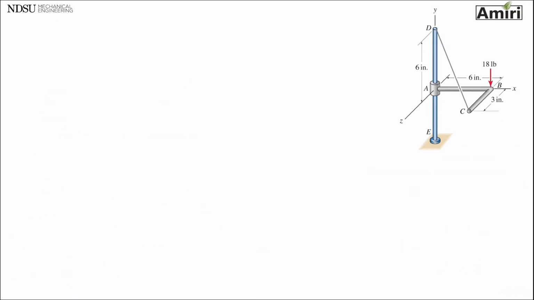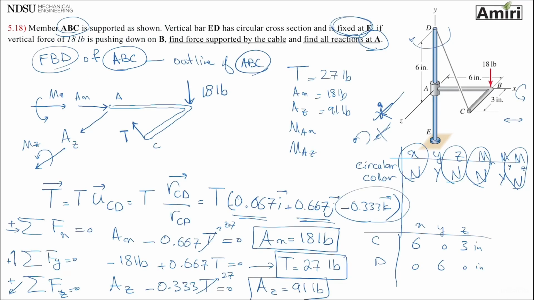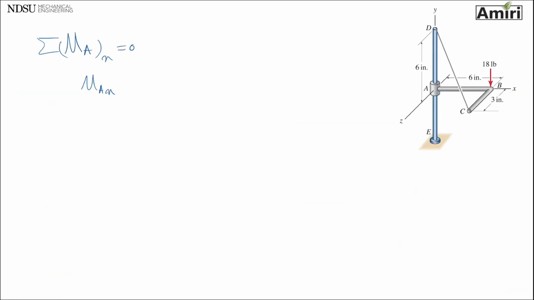So let's just start with summation of moment about x-axis. So I've got to find everything that causes rotation about the x-axis. First of all, before I forget, let me write my unknown. There is an unknown on my diagram, that's what I'm writing. Okay. What else is causing rotation about x-axis?